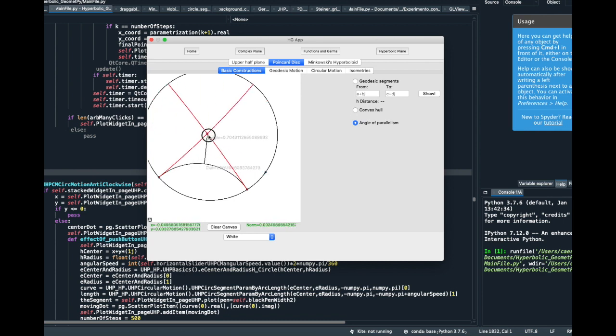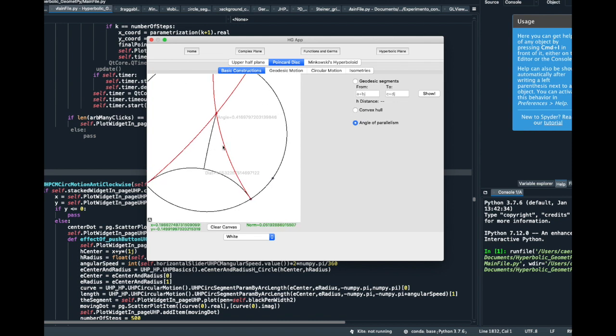And then something that you can see is that the value of that angle actually changes if I move the point. So the value of the angle that gives you the range of parallels is not the same for all points outside the given shortest curve. Now, this angle, which is half this other angle, is what we call the angle of parallelism.